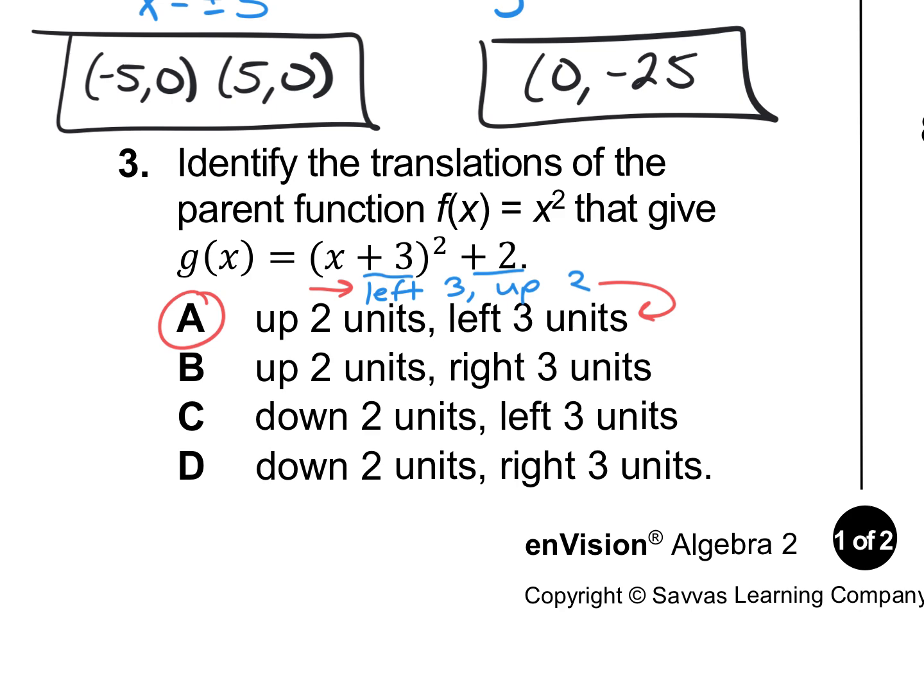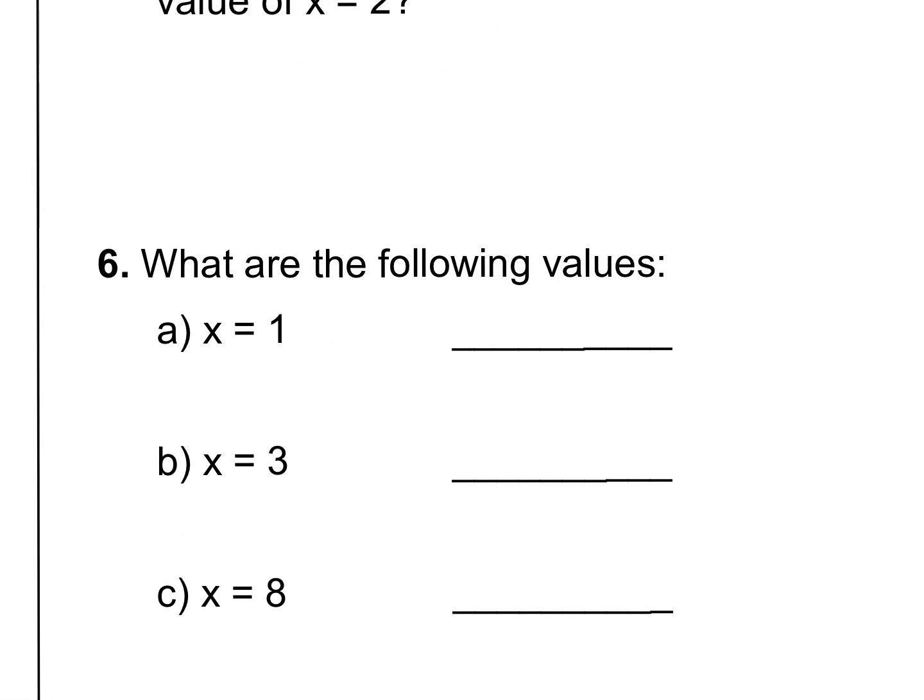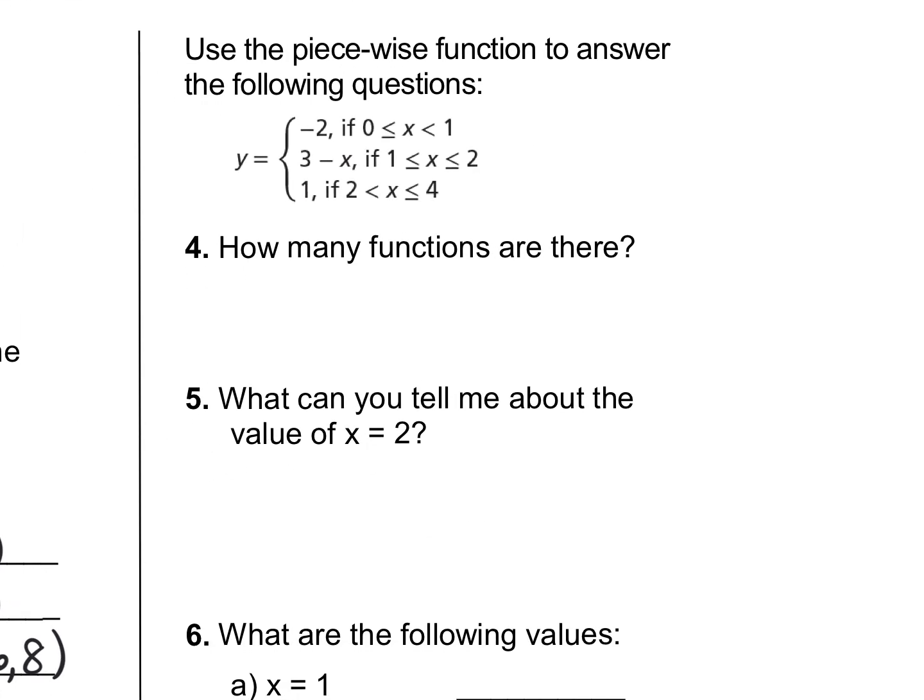Okay? Number 4, talking about piecewise functions. So there's 3 questions that deal with this. The first one, how many functions are there in the piecewise? There are 3. Remember, you just get it by however many intervals and functions there are. Okay, so we have 3. What can you tell me about x equals 2?